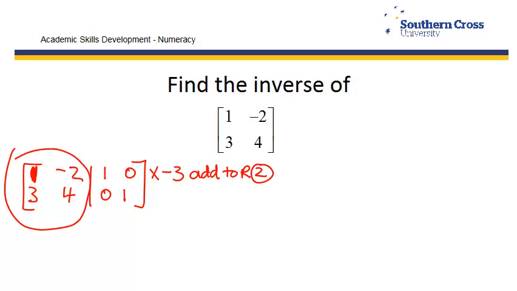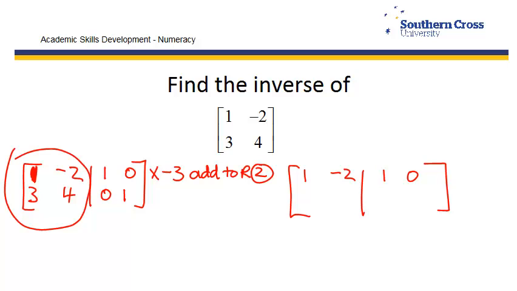The purpose of doing that is when you multiply the 1 by minus 3 and add it to row 2, that 3 will disappear. The reason that's good is because it gives us a 0, like getting the identity matrix in this position. So we know that we have a 1 here, a minus 2, and then a 1 and a 0. And this top row is going to be multiplied by negative 3 and added to that.